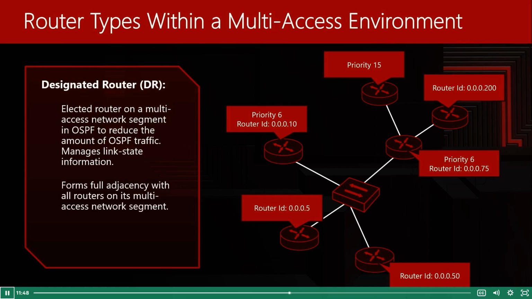But with the designated router elected, all the other routers on the broadcast area are going to pass their information. Hey, this is all my subnets. Hey, this is all the information I have. The designated router is going to collect all that information and then push that out to the other routers so they can receive and have one source of truth.